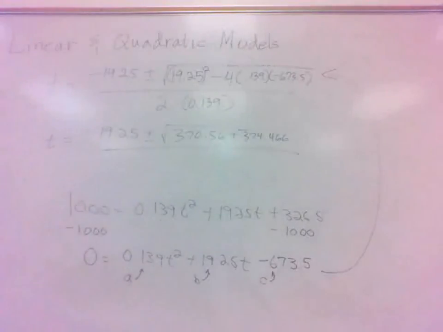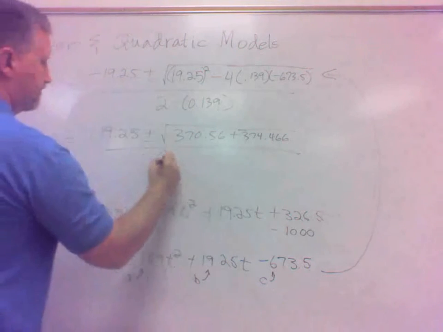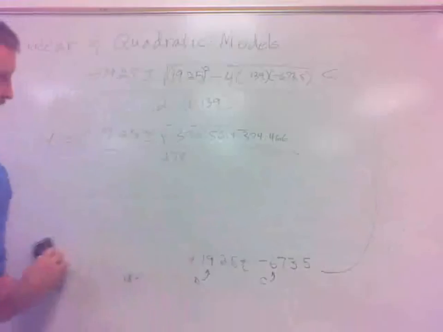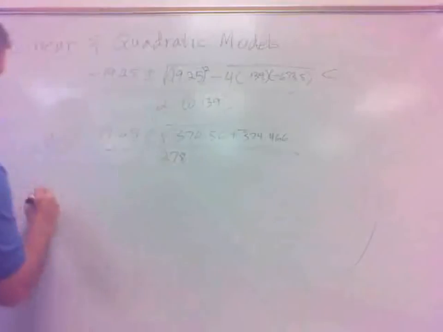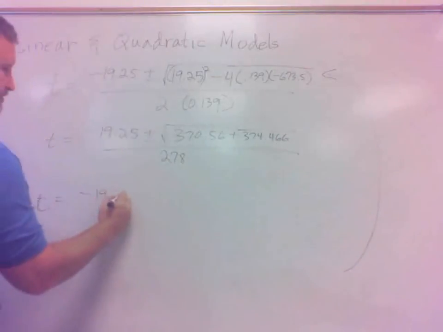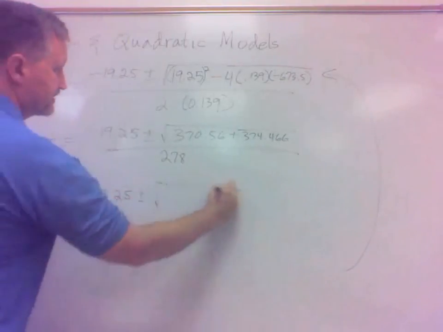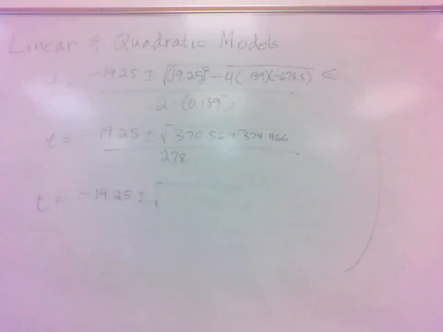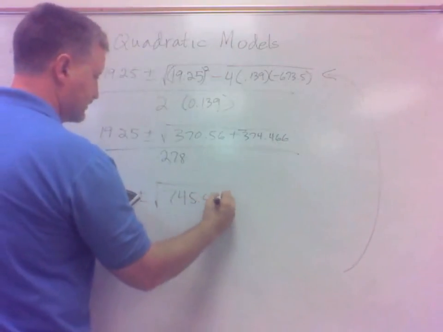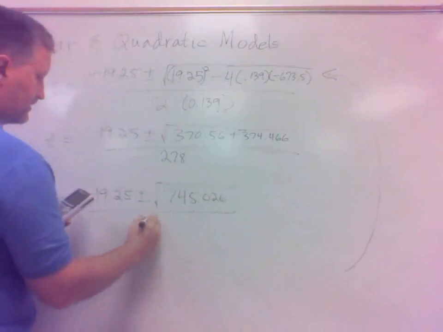And then we'll divide that by 0.139 times 2, 0.278. So that will get me negative 19.25 plus or minus the square root of 370.56 plus 374.466, which is 745.026, divided by 0.278.